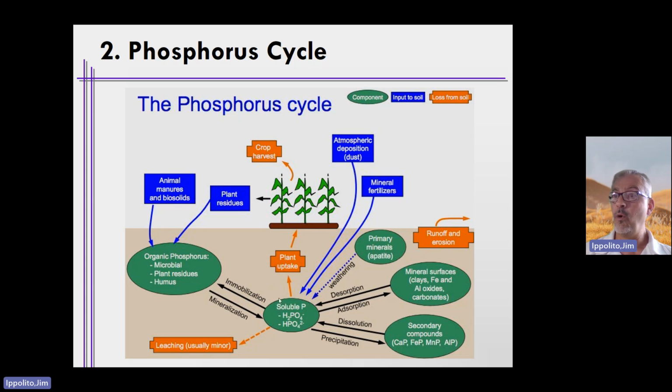Here is the pool by which plants obtain phosphorus, soluble phosphorus, as H2PO4 with a minus charge, or HPO4 with a -2 charge. These forms are often referred to as orthophosphate or soluble P. The terms are interchangeable. These forms enter the soil solution via a couple of different pathways.